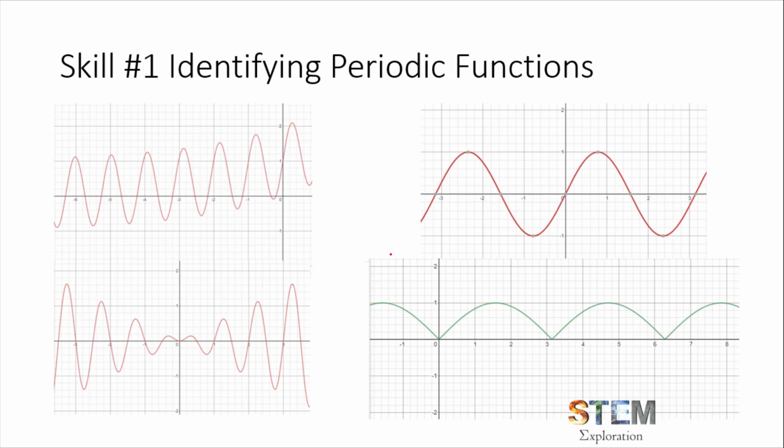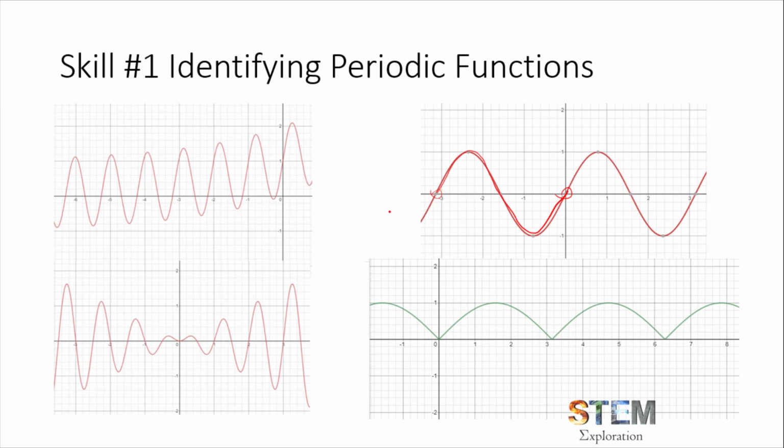So for example, if I'm looking at a function like this and I see that it starts here and it ends here, as I go along this function it ends up at a spot where it repeats itself. And if I were to physically take this line and move it around, I could see that this pattern repeats itself over and over again.